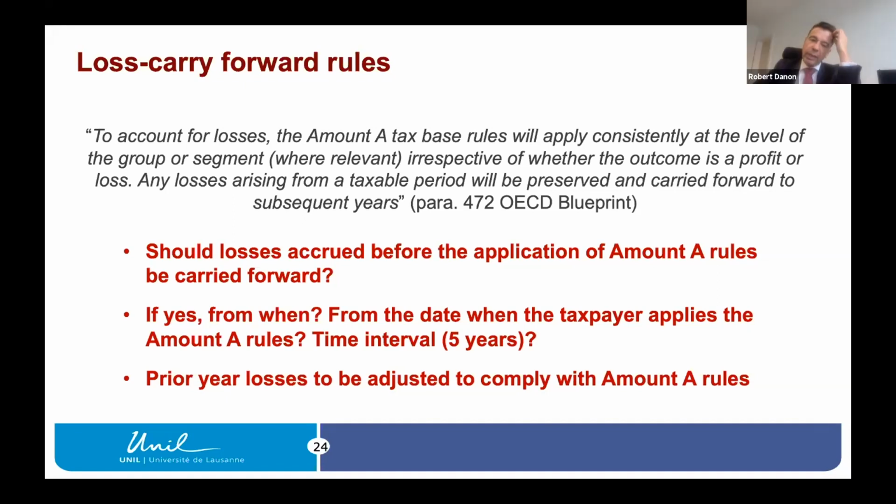Absolutely. And what about the time interval that was raised by Guglielmo? Yes, one of the points I wanted to make is that in reality, we have groups which are profitable and which have previous years' losses which are geographically attributable to one region or one country only.